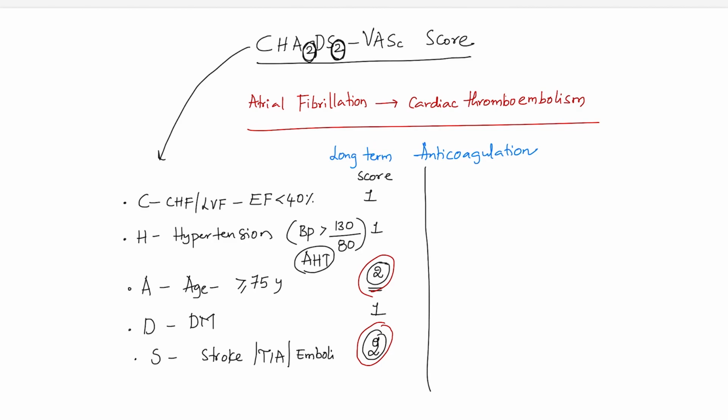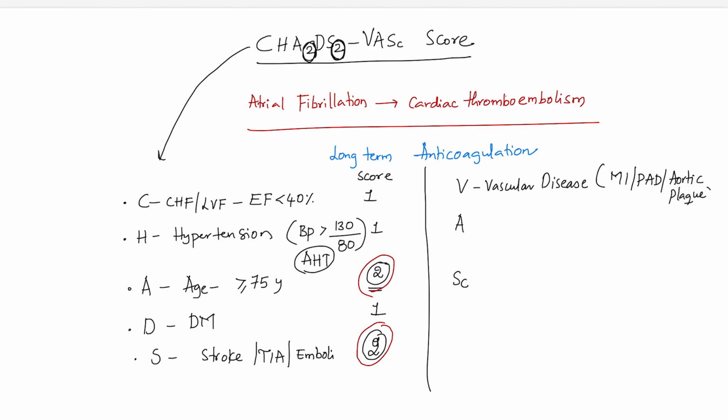Now on top of that, in the new classification they have added 3 more parameters. One is vascular disease. So what kind of vascular disease? Any past history of or any prior MI or peripheral arterial disease per se, or presence of atherosclerotic plaque or aortic plaque.